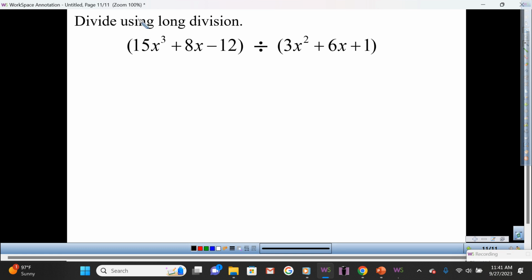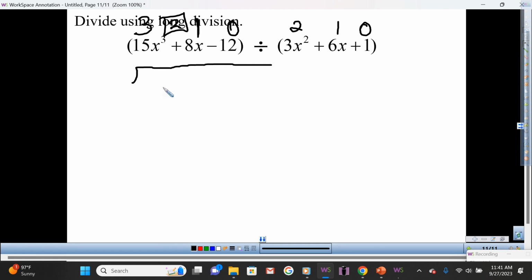He said, check for standard form. So this is third degree, first degree, 0 degree. Do we have anything missing? Yeah, you write it in there and you box it because you're going to use it. This one, second degree, first degree, 0 degree. Anything missing? No.